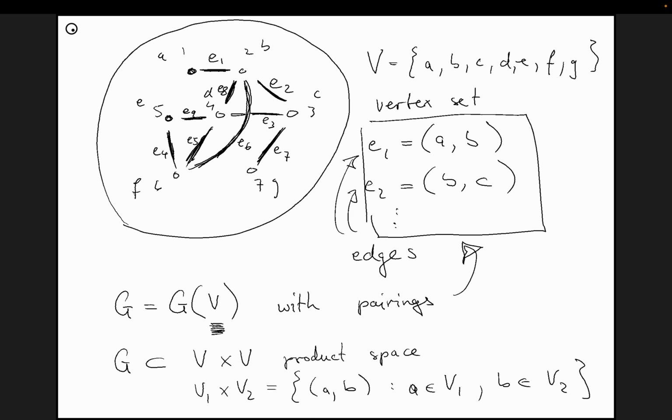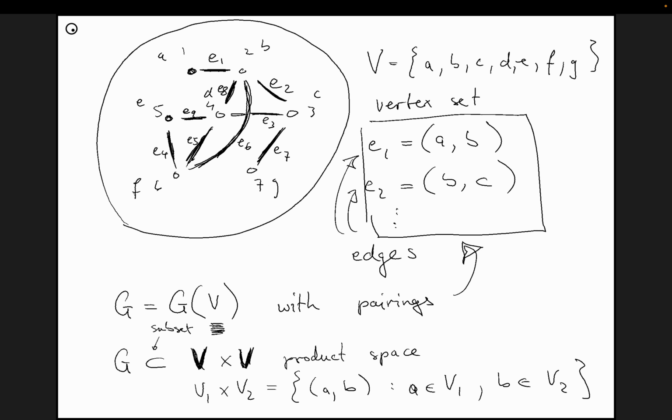And our G could be understood as a subset of, this right here means subset, the product space V cross V. Okay, so this is a graph.